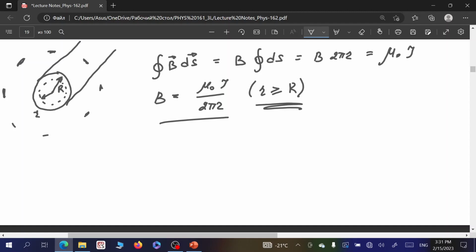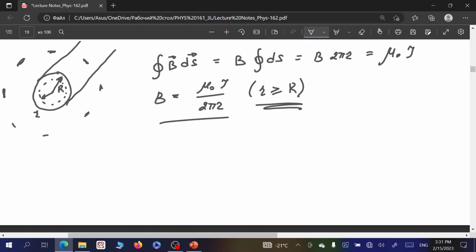This closed loop possesses a radius smaller than the radius of the cross section of the conductor. That means the current which flows through this surface will be smaller than the total current I flowing through the conductor.